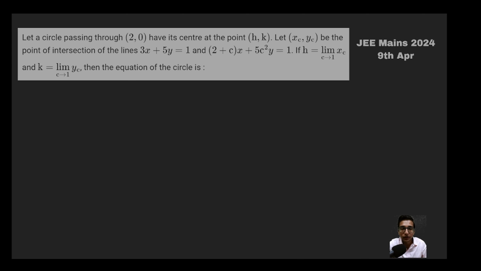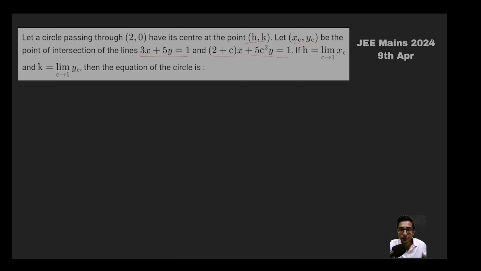So basically we have to find out the equation of the circle which has its center at h, k, and there is a point on the circle which is 2, 0. These are of course two straight lines they have given to us, and the point of their intersection is xc, yc.